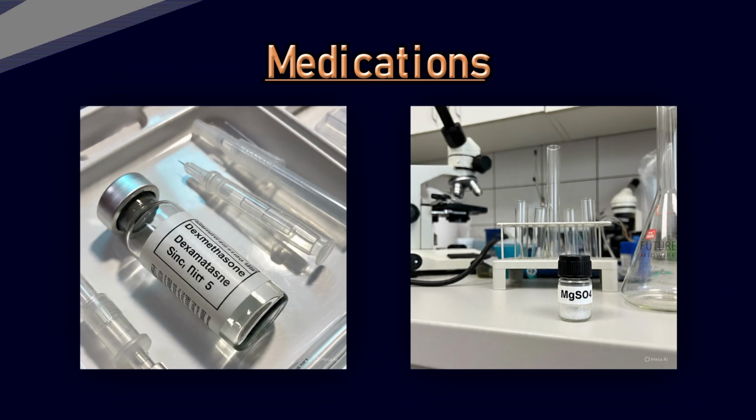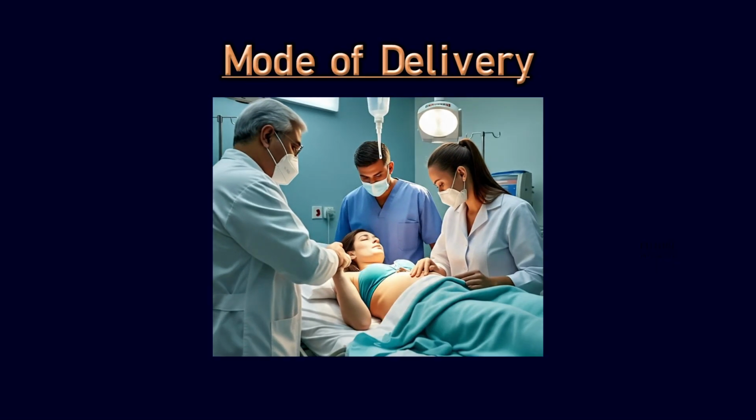Here I will explain the timing and mode of delivery in case of intrauterine growth restriction. The timing and mode of delivery are critical. For isolated term IUGR with normal Dopplers, delivery is typically planned between 38 to 39 weeks.